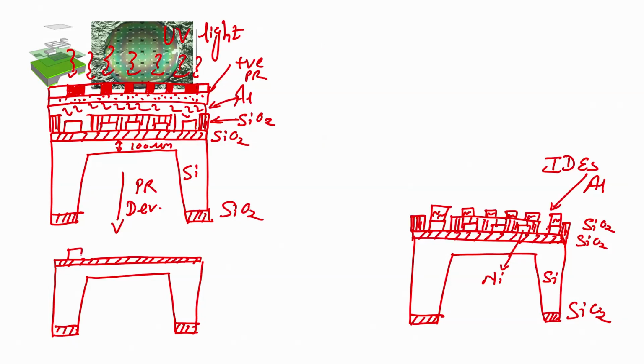When we perform PR developing, we will have an oxidized silicon wafer with a micro heater, silicon dioxide, aluminum, and photoresist.